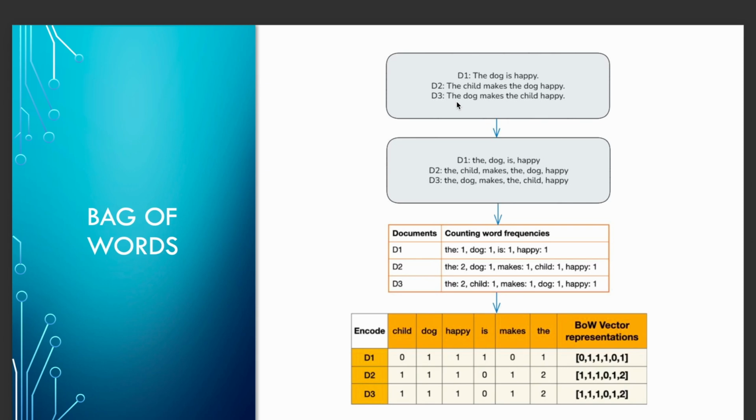Let's suppose we have these three sentences, and we are trying to do some kind of classification task on them. Each sentence is a separate document, so I have labeled them D1, D2, D3. First we do tokenization, as we saw in the last video. We can use different kinds of tokenization. Here we are using word-based tokenization, which is the most common one in traditional NLP.